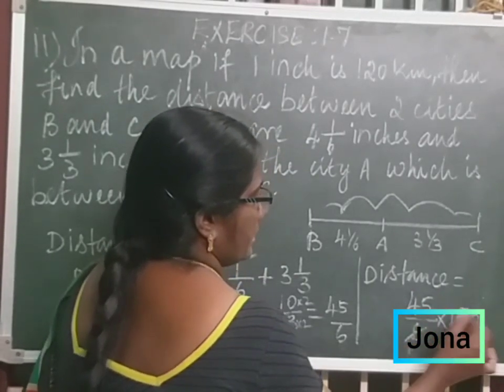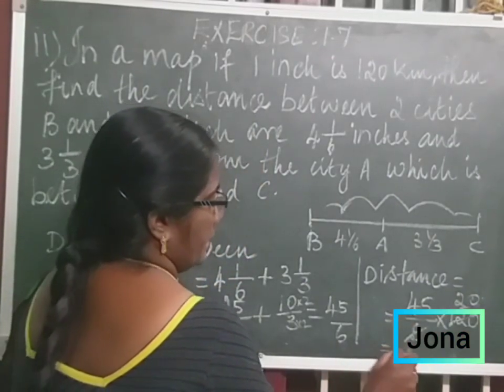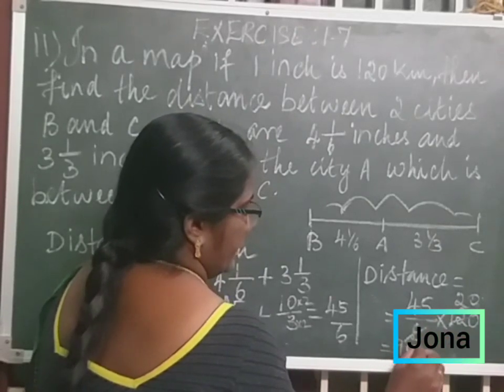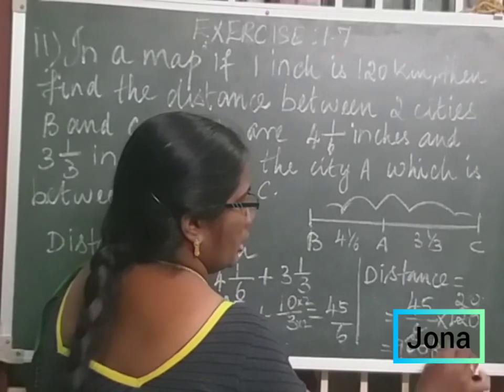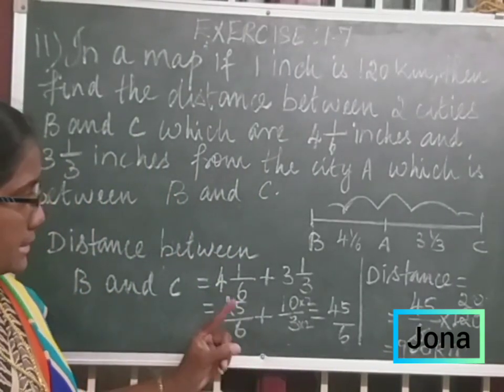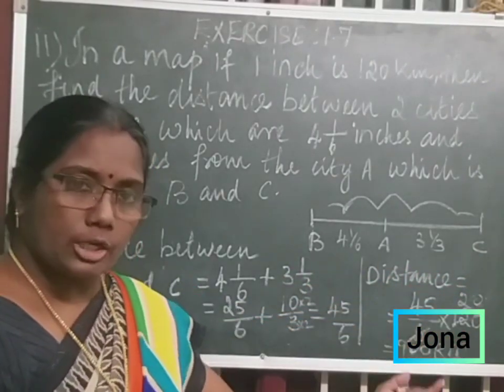So I can cancel here and here 20 times, which is equal to 90. So 10 is there. So this much of kilometers. So I got 900 kilometers. The distance between B and C is 900 kilometers.